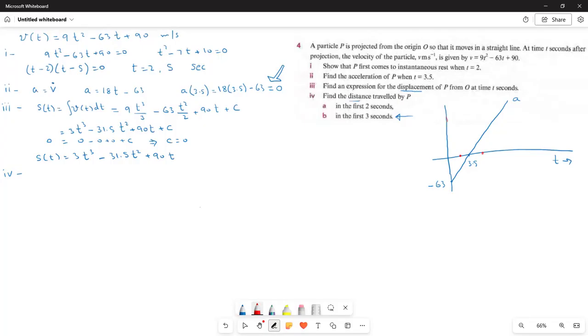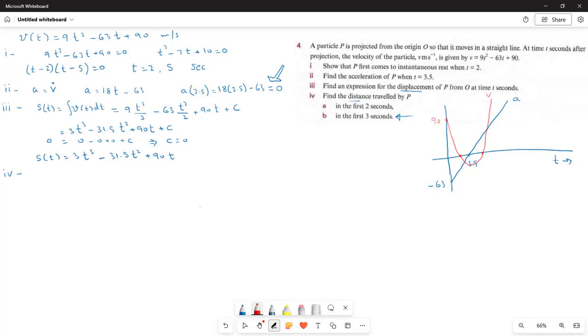It starts from here, goes to 0, and then again goes up like this. So this is the curve for the velocity. At time 0 we can see that the velocity was 90.